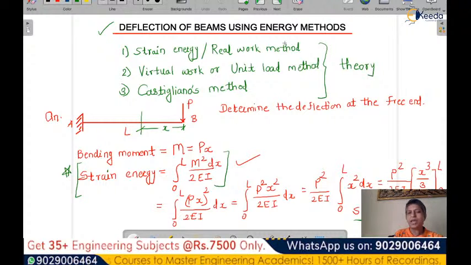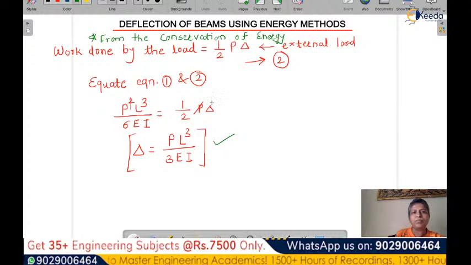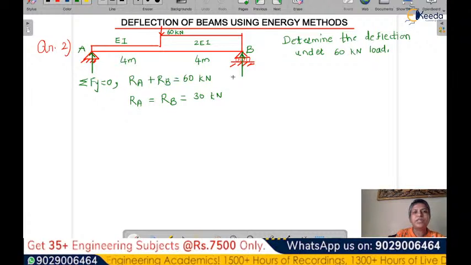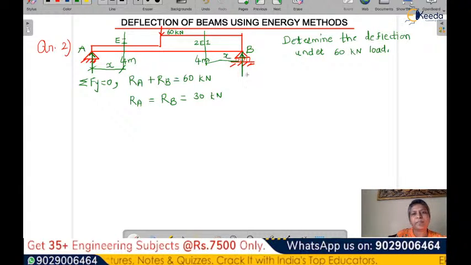But now this case is a simply supported beam. For this particular case the reactions are the same, so we may consider the section from any one side. Suppose we consider from this side, let us say this is x, or from the other side, our moment equation will be the same. This is 30 kilonewton and this is also 30 kilonewton.